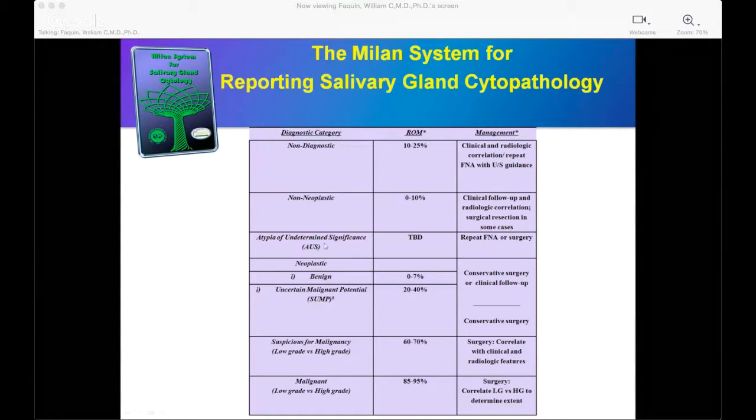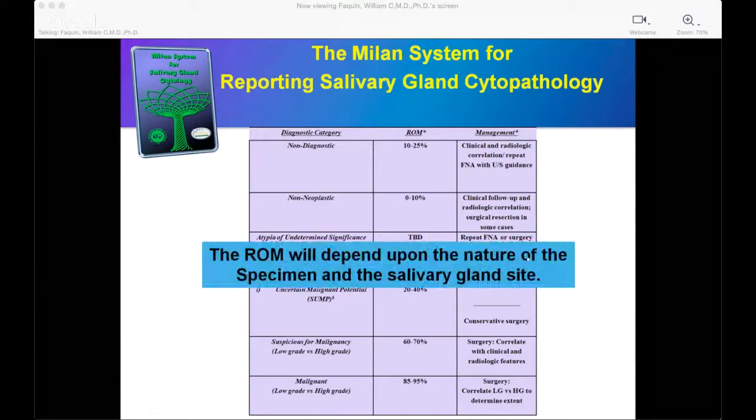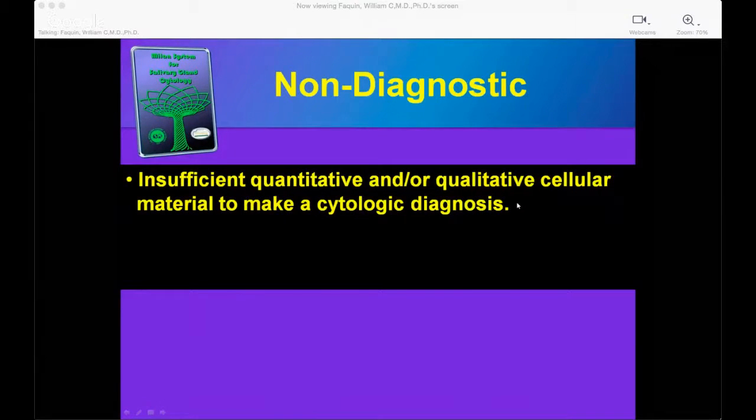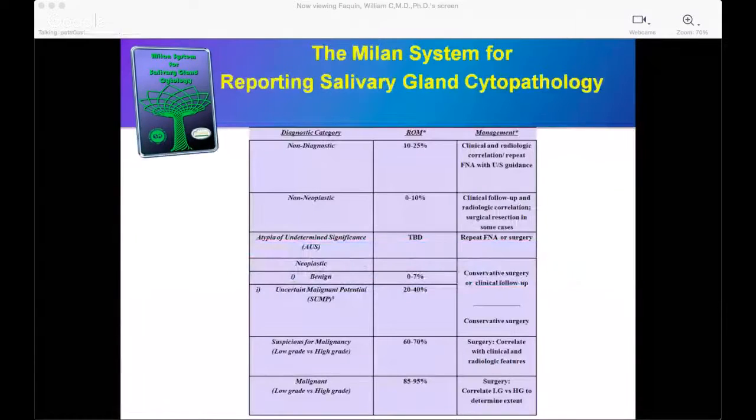For this atypical category, we're still working on the risk of malignancy. We expect some material to come out in the near future. But the management would be repeat FNA or surgery.